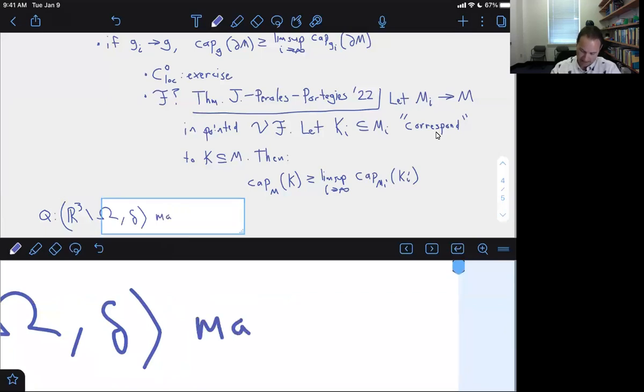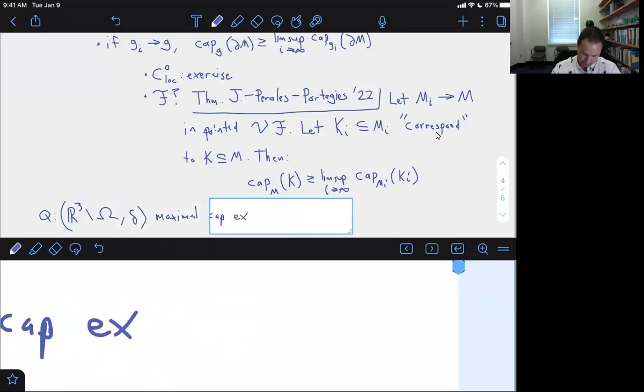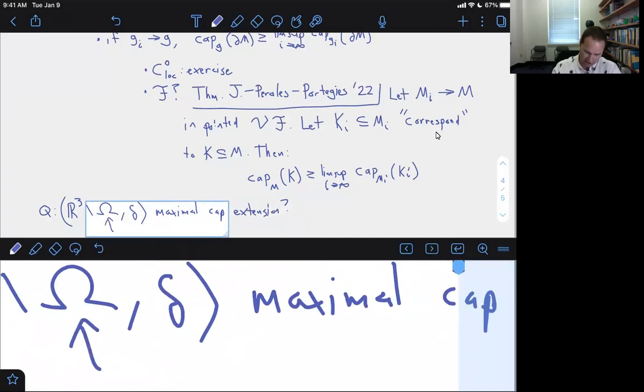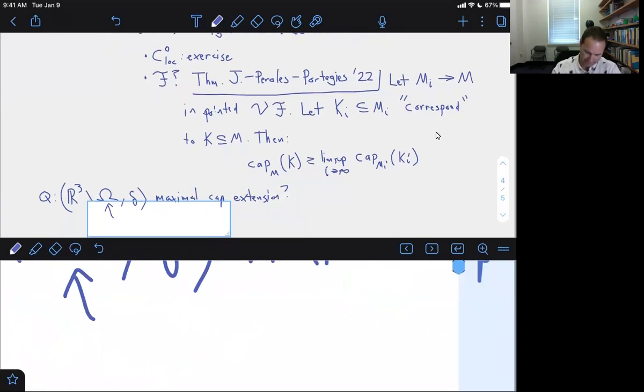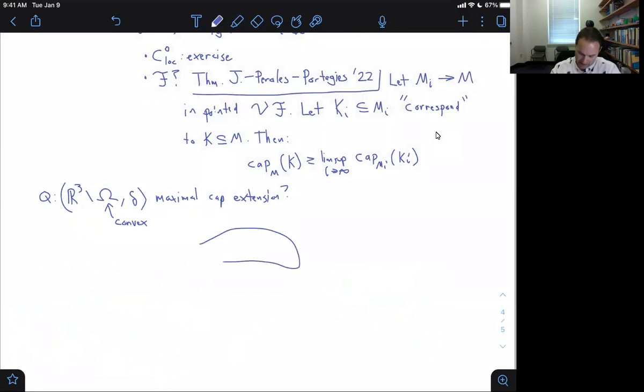So is this a maximal capacity extension? Even to start, if it helped, you could just say this is convex. Maybe more generally, it could be mean convex and star-shaped or something. But if you have some general region in R^3, you look at the Bartnik data, you want to ask, is that an optimal extension?